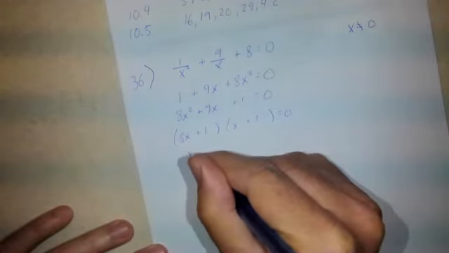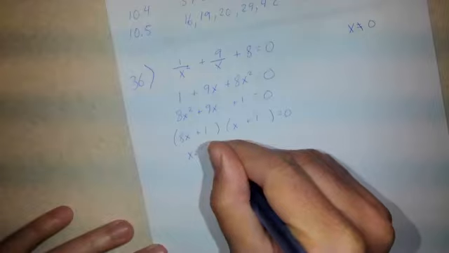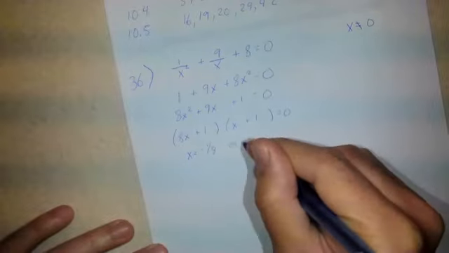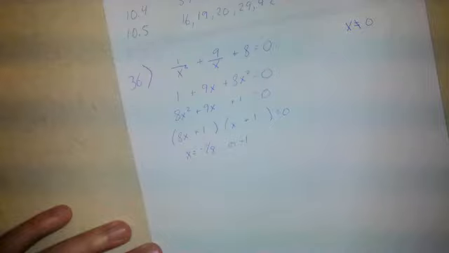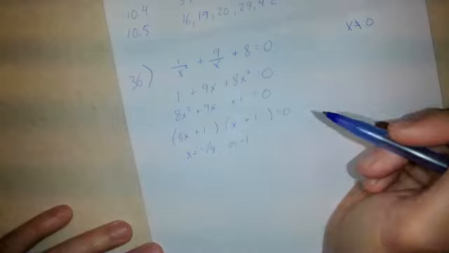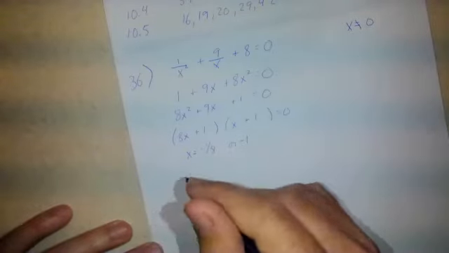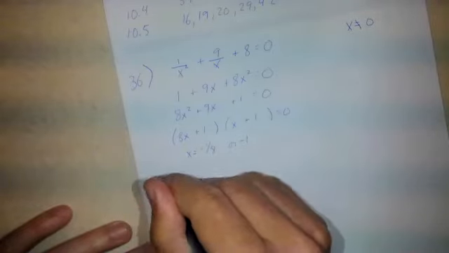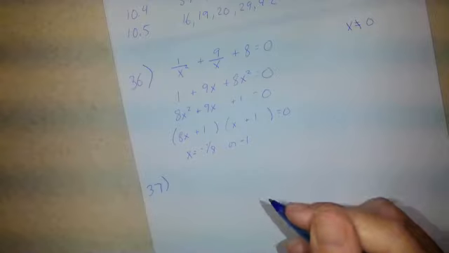So x should either equal negative 1/8 or negative 1. Plugging both of those things in, that looks to be about right. Let's call that good.